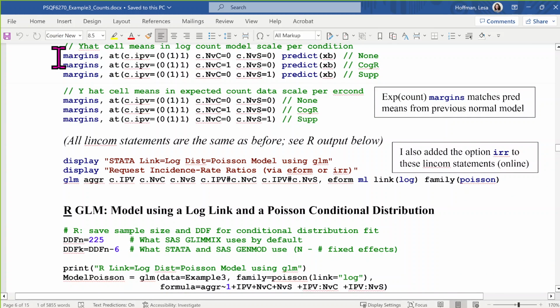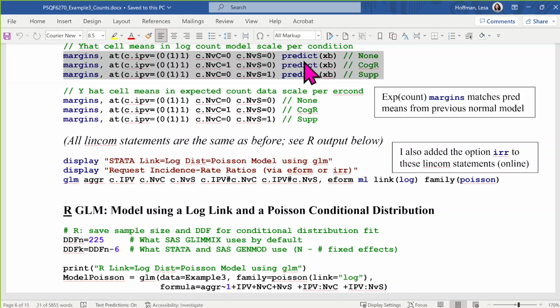In Stata, if I want predicted outcomes, I have to be specific as to what scale I want the predicted outcomes in. So with these margins commands right here, if I have the option predict XB, that is not a default. Predict XB means make me a predicted outcome in the scale of the model, in the log scale in this case. So I would get a predicted log count for each of these different ranges of my predictor variables.